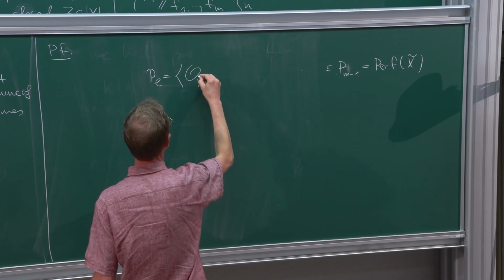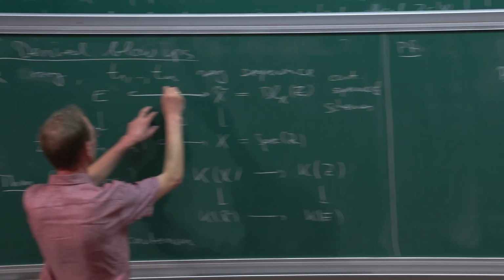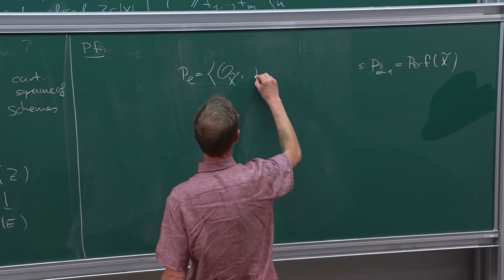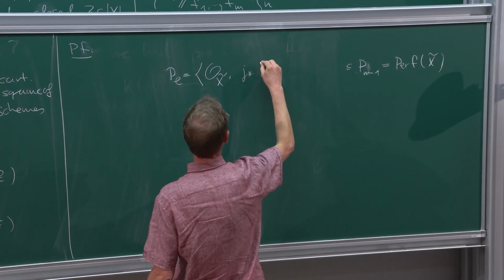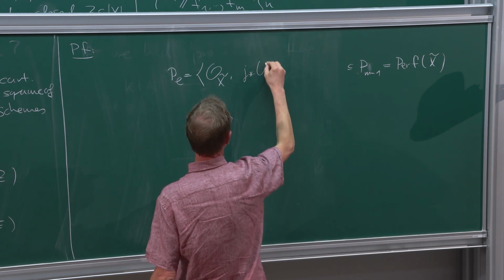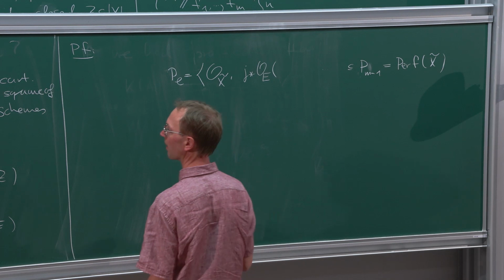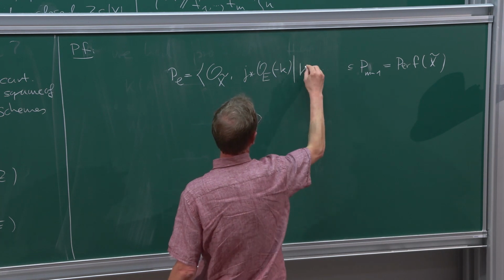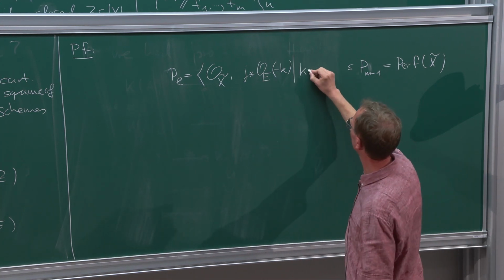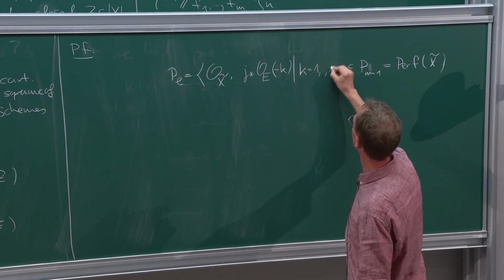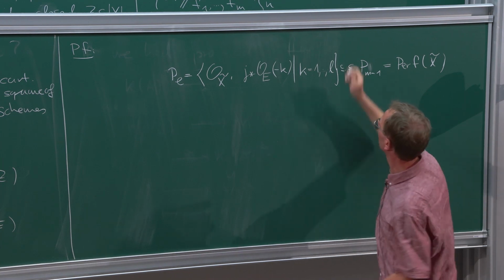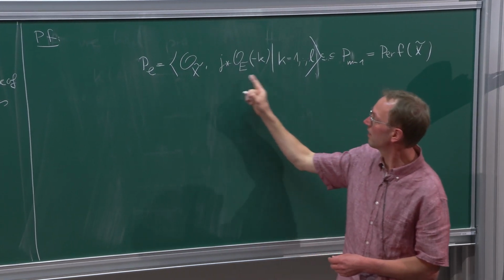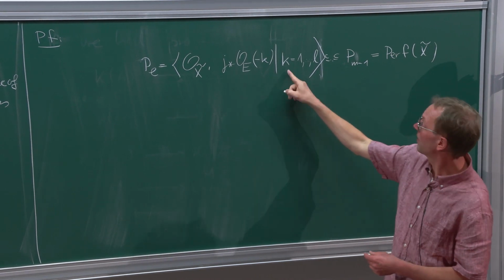It takes the structure sheaf, and then here we have this inclusion of the exceptional divisor, this J, and you take J lower star, the derived push forward of the structure sheaf of the exceptional divisor, and then you twist by minus k, where k is from 1 to L. So you look at this thick subcategory generated by O_X, the structure sheaf, and then these twists of the structure sheaf of the exceptional divisor where k runs from 1 to L.